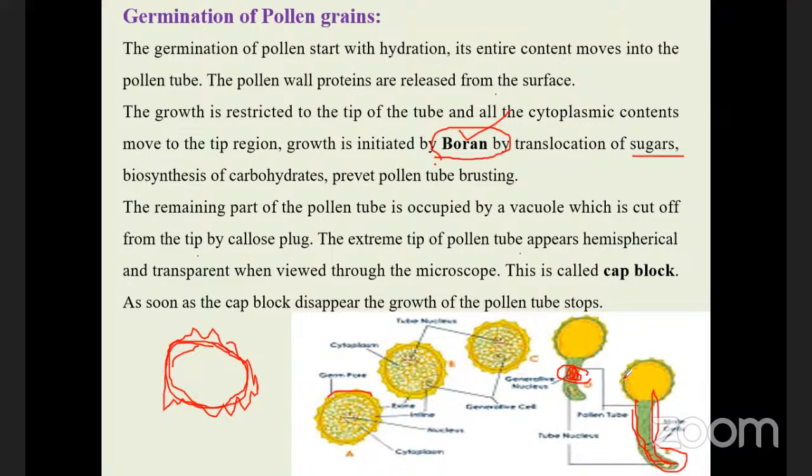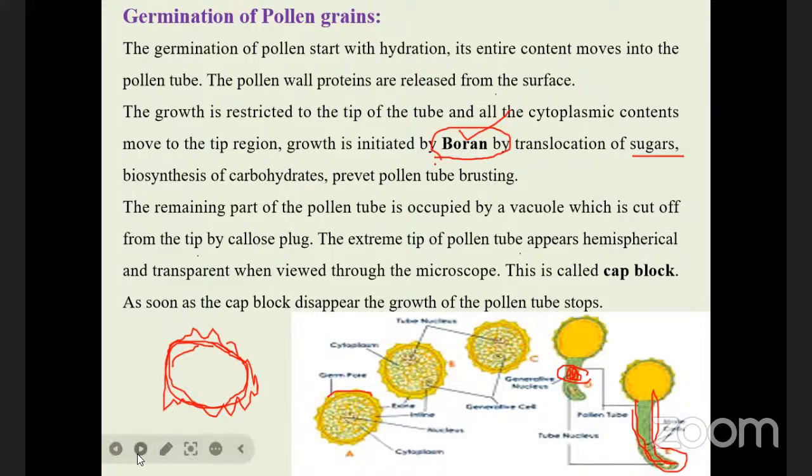This three nuclear stage is there in the germinated pollen. That is also very important. Usually in gymnosperms pollen is released in the two nuclear stage, but in angiosperms it is released in the three nuclear stage. You should remember that.